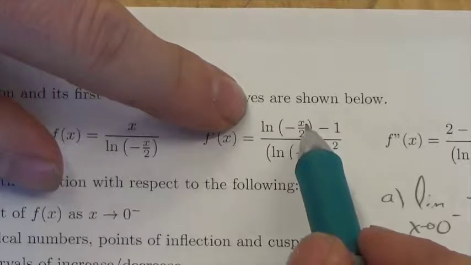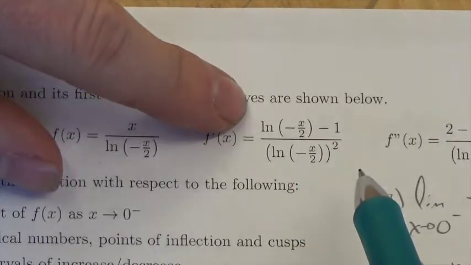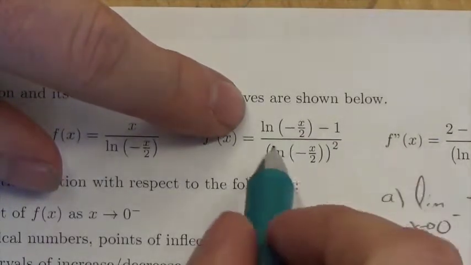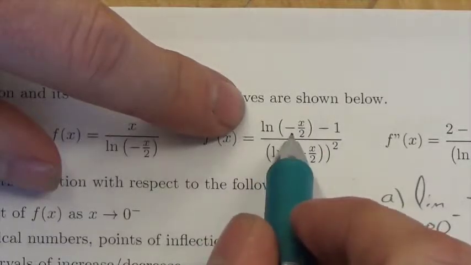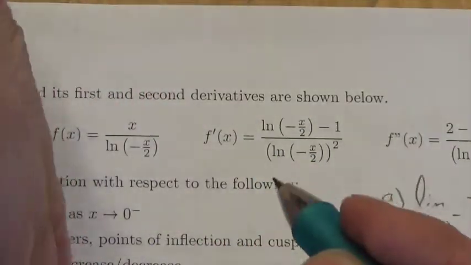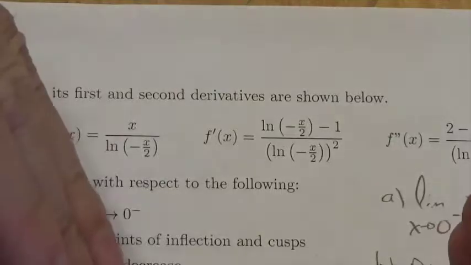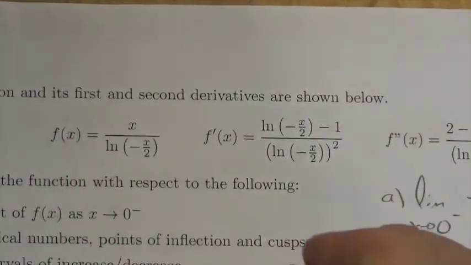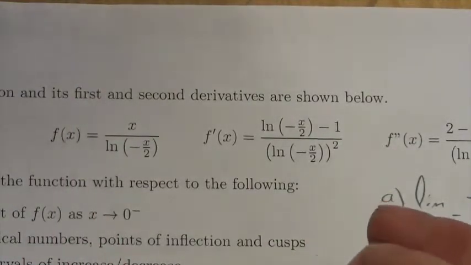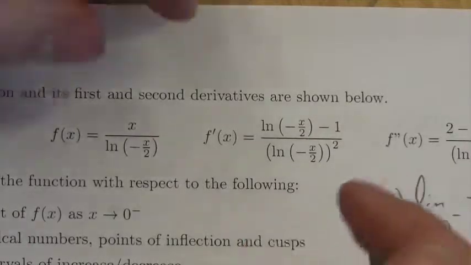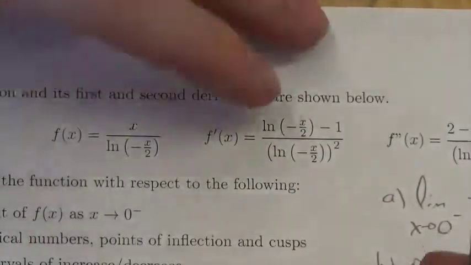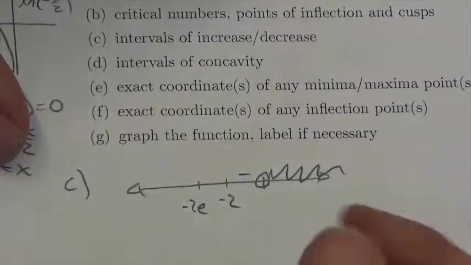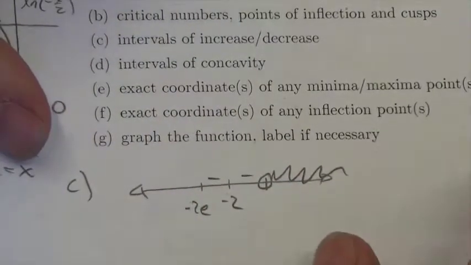So e over 2, well, half of e, when you take the natural log of that number, that's going to give you a fraction between 0 and 1. The natural log of e would be 1, so the natural log of half of e is going to be a smaller number, and when you subtract 1 from it, you will get a negative. You can plug that into your calculator to check, but you're going to get a negative there.